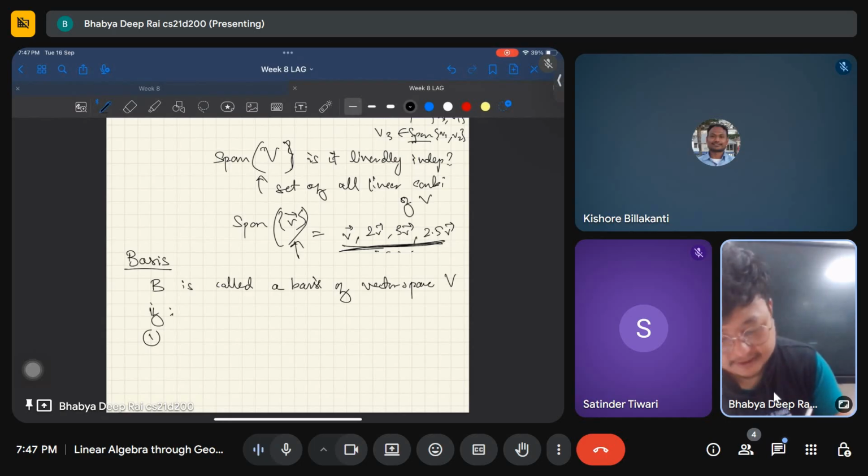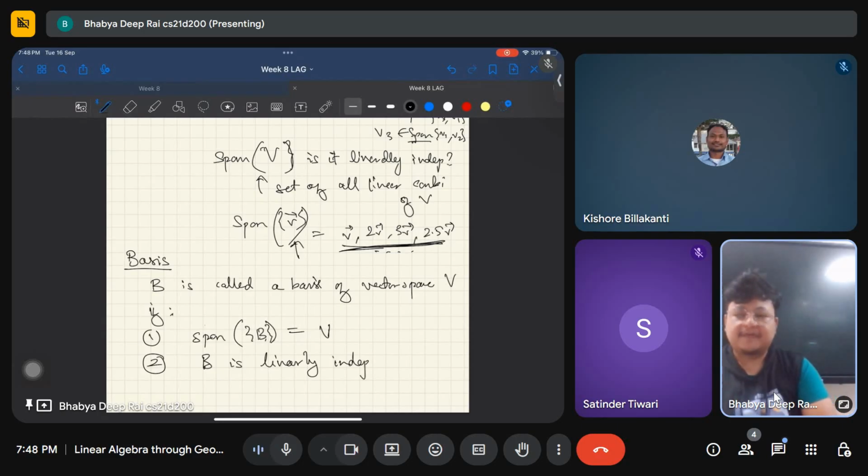Firstly, the elements of B span V, which means the span of B equals V. And secondly, B is linearly independent.